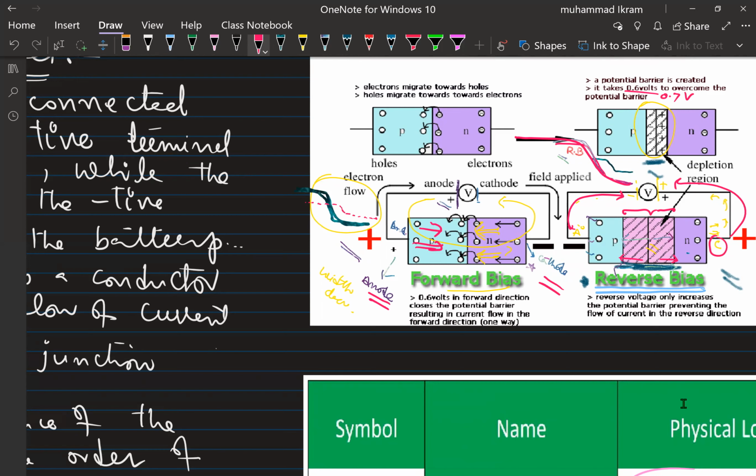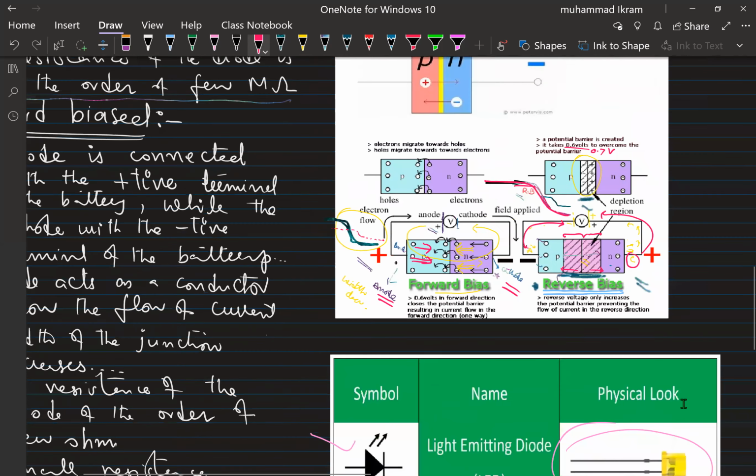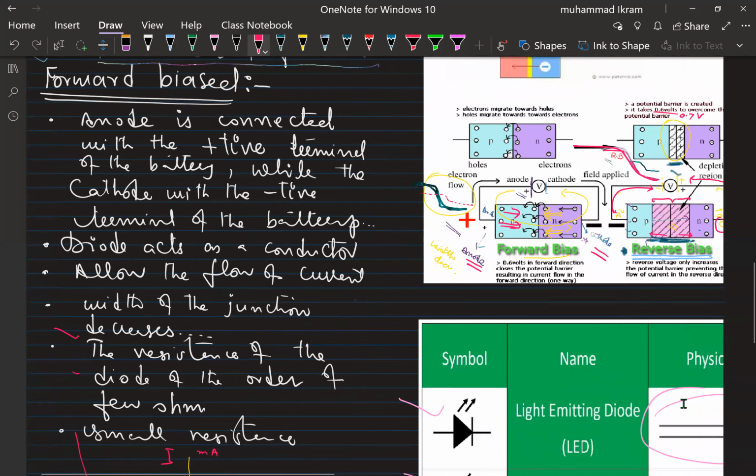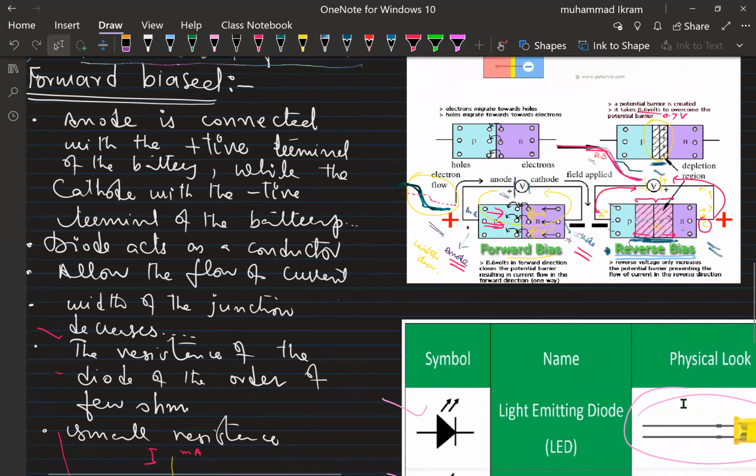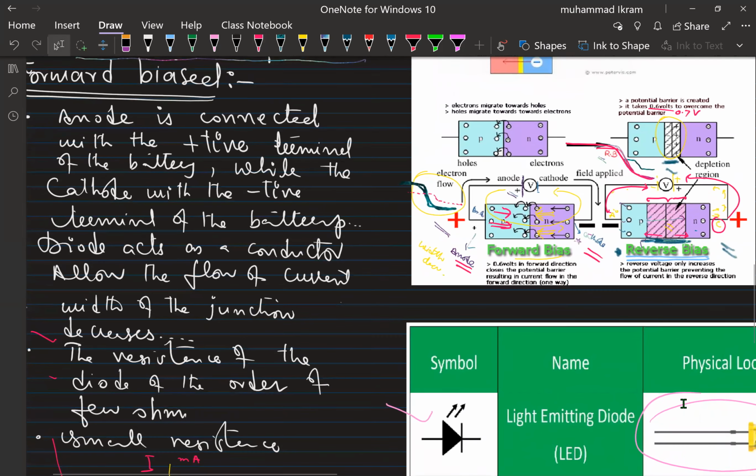So in this case, the free electron would gain much energy and will diffuse across the junction, right? And the flow of current will begin like this.